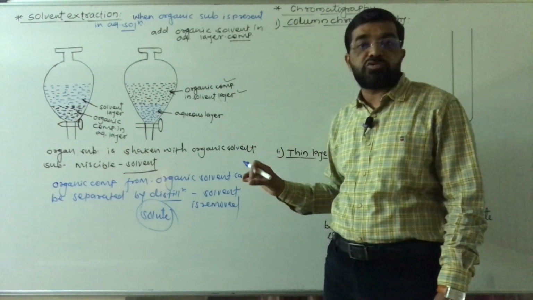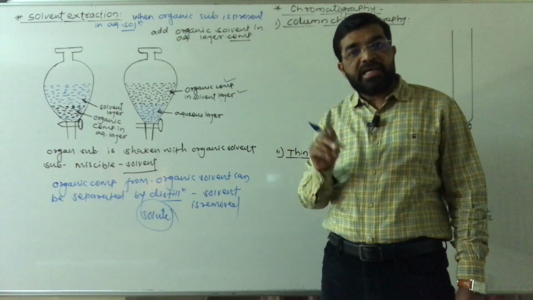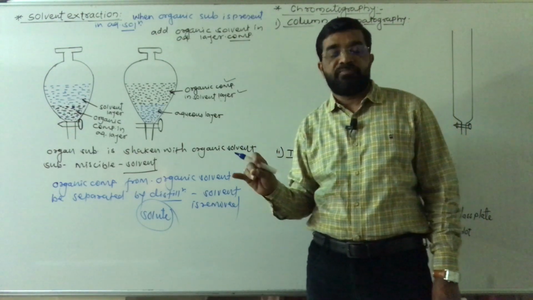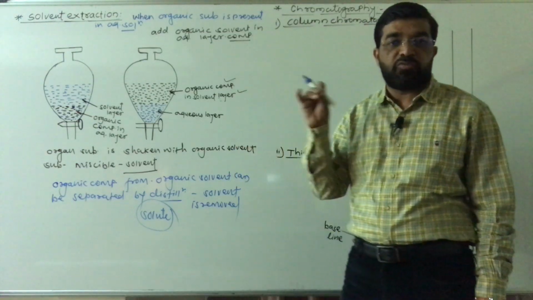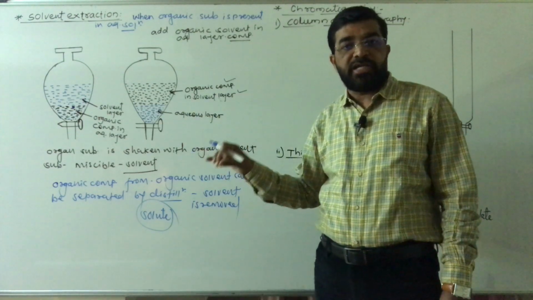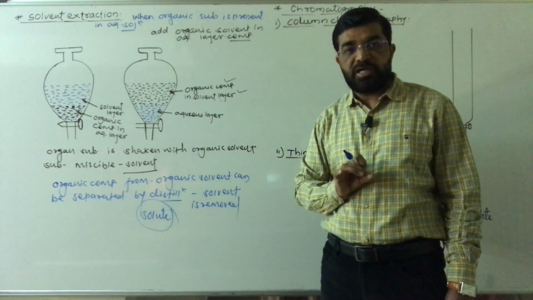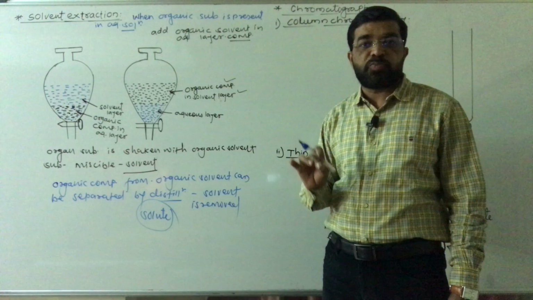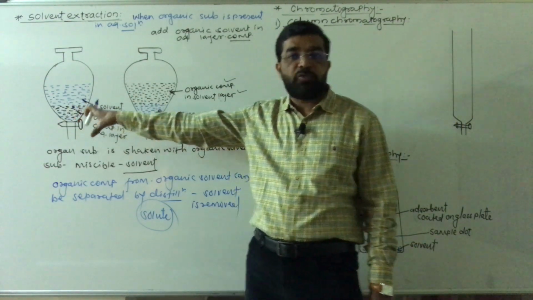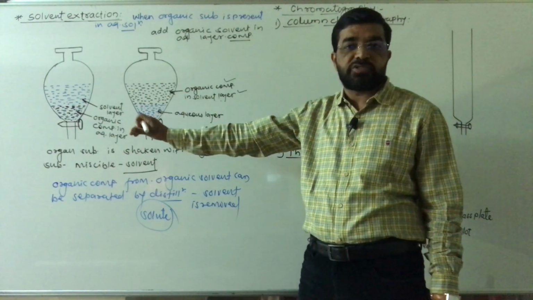Once again, when an organic substance is present in the aqueous layer, or in water, then by this process we can separate the organic substance from that aqueous layer. How? First of all we add an organic solvent to the aqueous layer containing the organic substance.